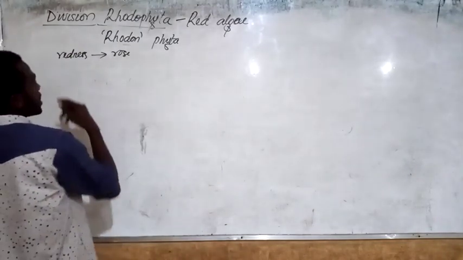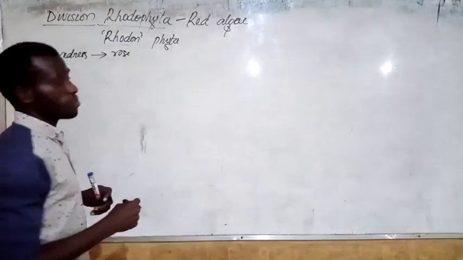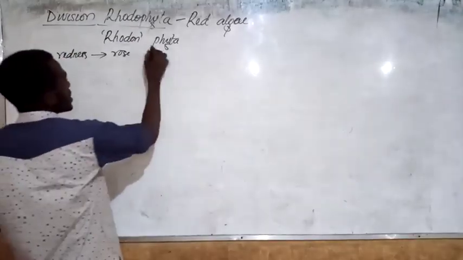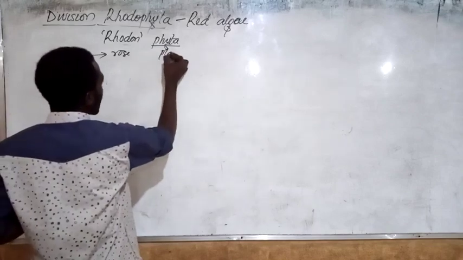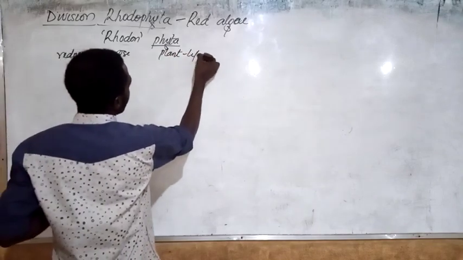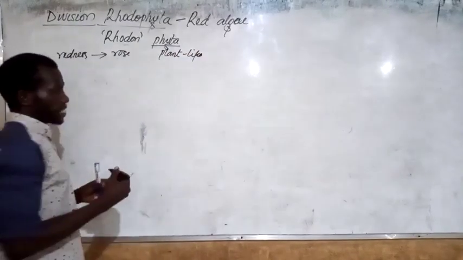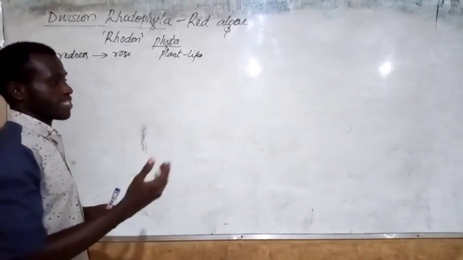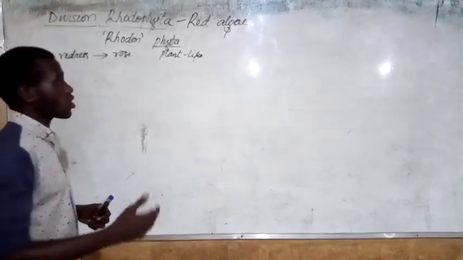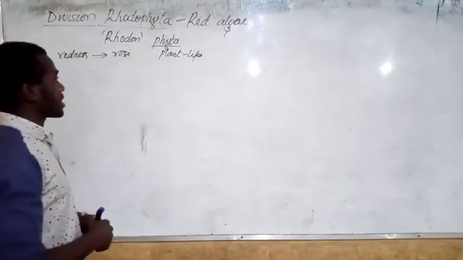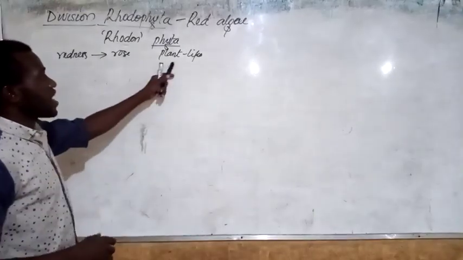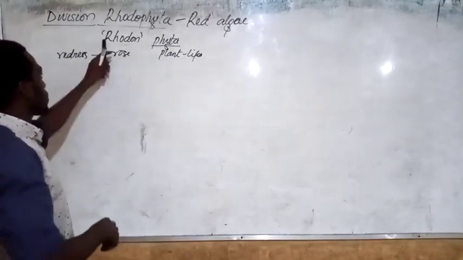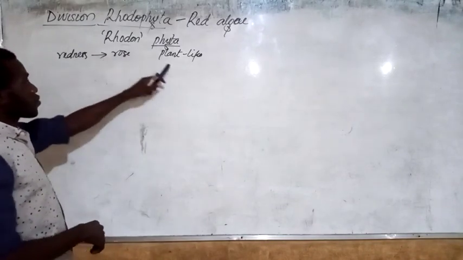And they are basically red because of the possession of certain pigments, which I will mention later on. Now, phyta simply means plant-like, because they are one of the ancestors of our modern day plants. So we have Rhodophyta, meaning rose and plant-like.